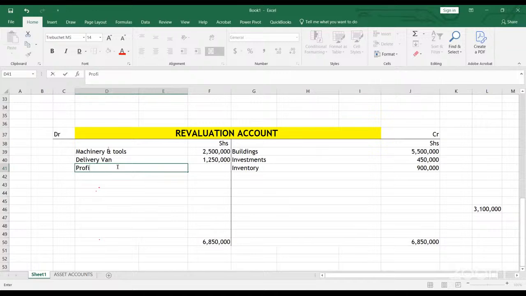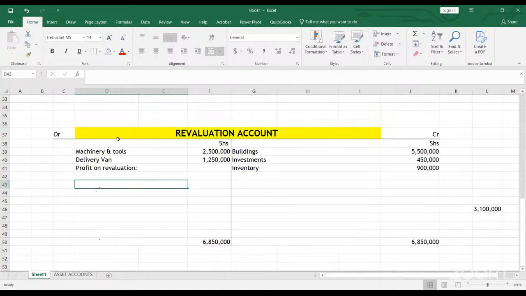We debit it on revaluation. This is a profit of revaluation, and we are going to take it to the current account, because the partners keep a current account. That's where we're going to take this profit on revaluation.